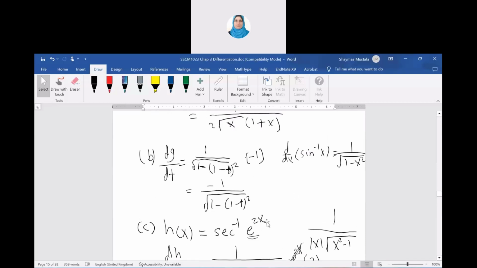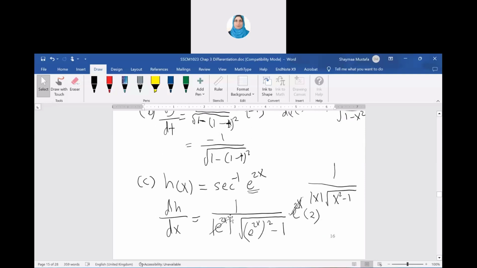So we have sec inverse e to the 2x. The derivative for sec inverse is this one, but each x will be replaced by exponential 2x. So instead of x, I will write e to the 2x. Instead of x squared, we write e to the 2x squared minus 1.